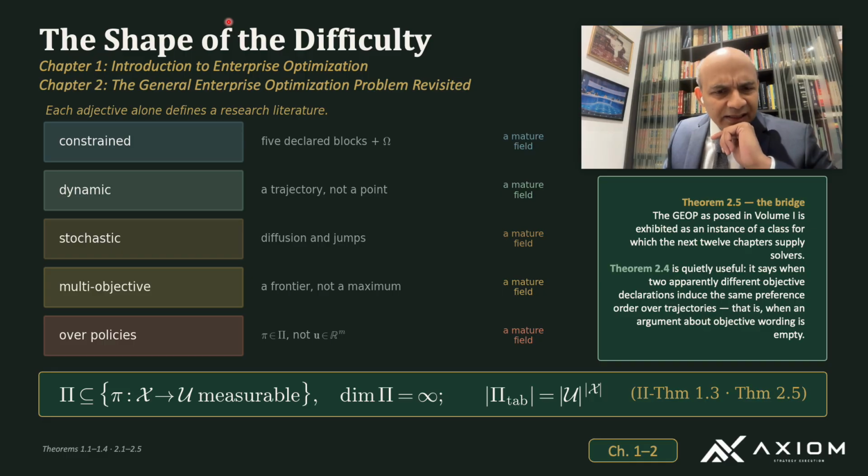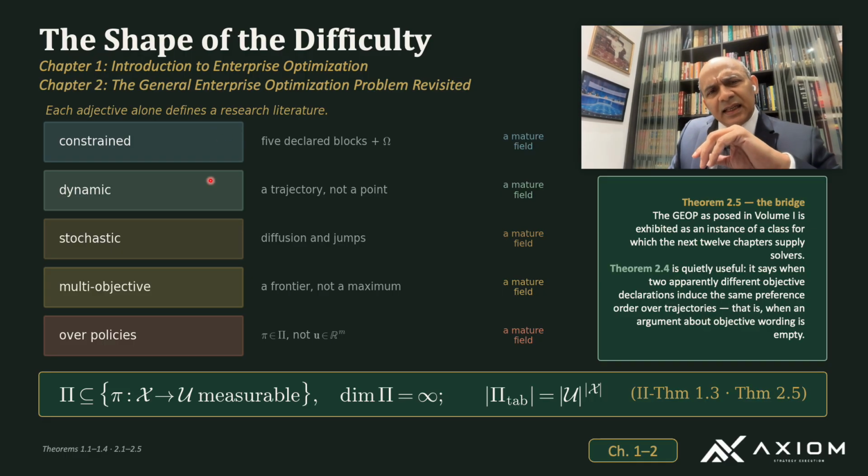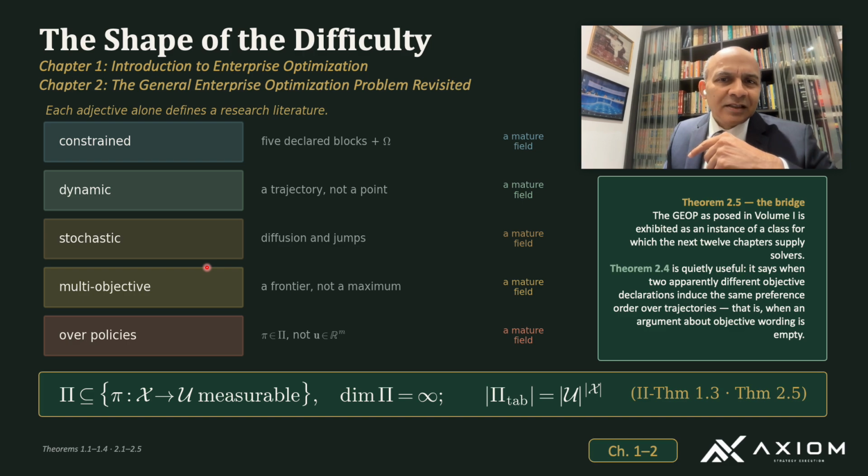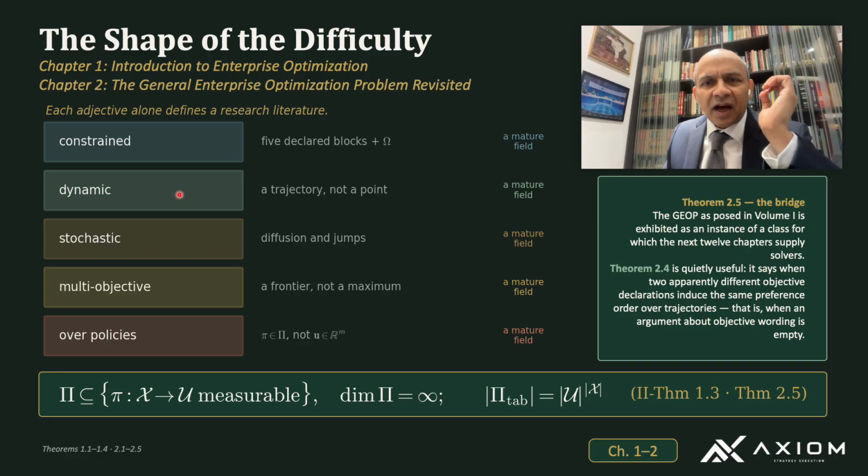So let's have a look at this illustration. The slide says that the full GEOP optimization problem is difficult because it combines 5 problem classes, as represented here, that are each already mature research fields in their own right. So constraint: the enterprise must satisfy the 5 declared constraint blocks and remain inside the feasible region sigma.